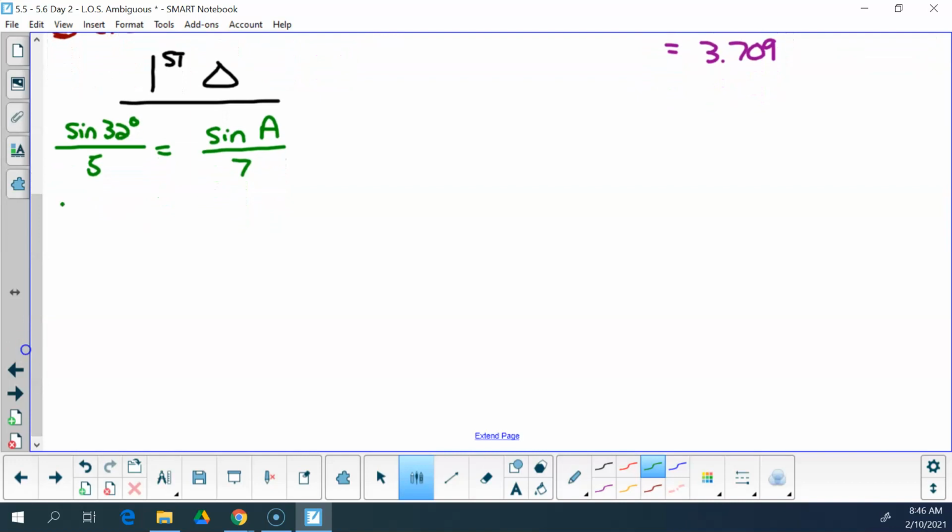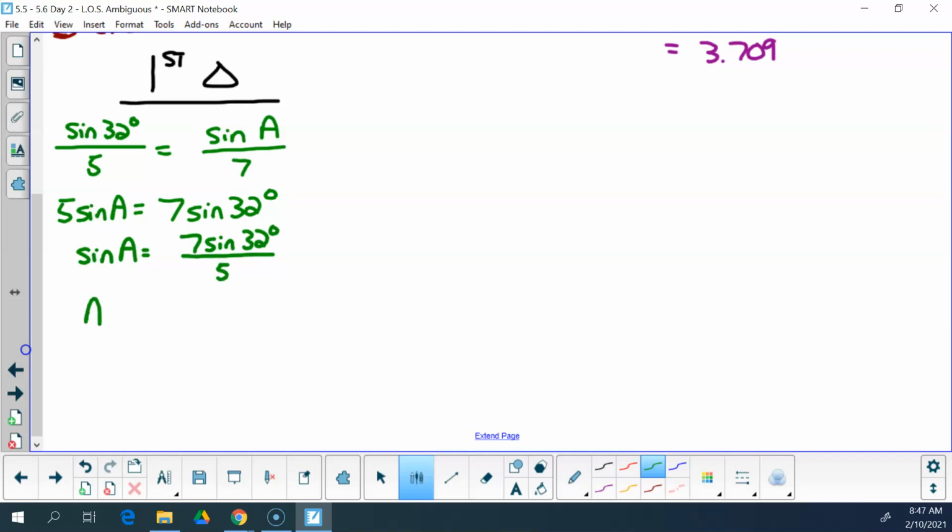So that's going to be 5 sines of angle A equals 7 sines of 32. That's going to be the sine of angle A is 7 sines of 32 divided by 5.